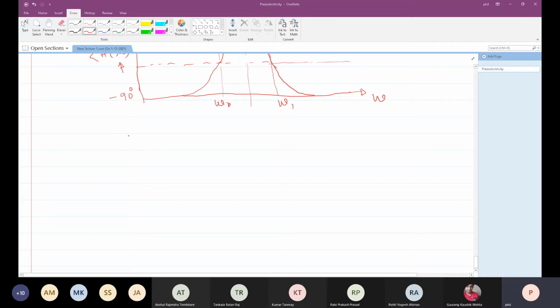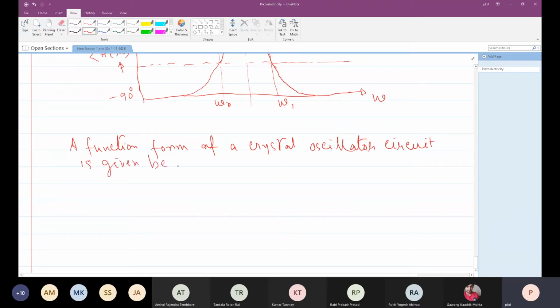The functional form of the circuit is given below.